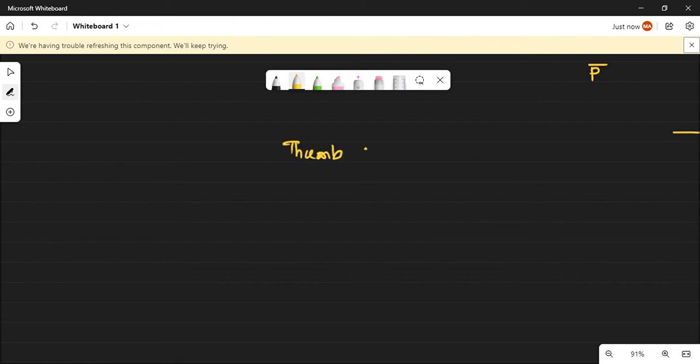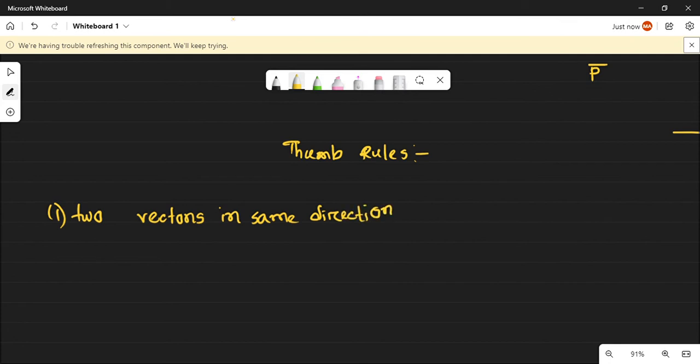Two vectors in the same direction means alpha is equal to 0 degrees.